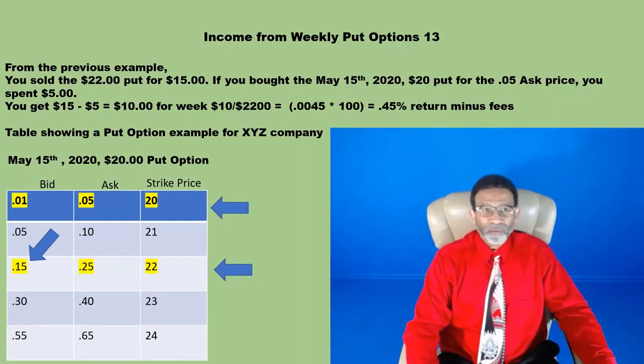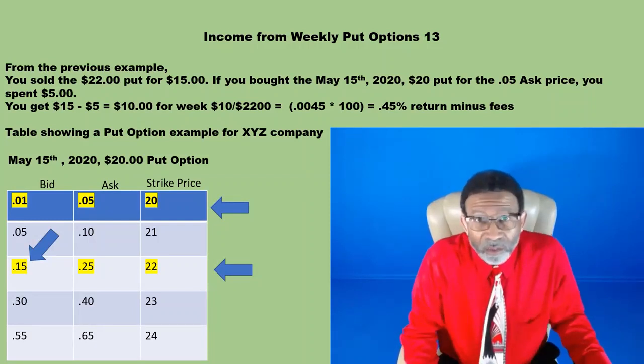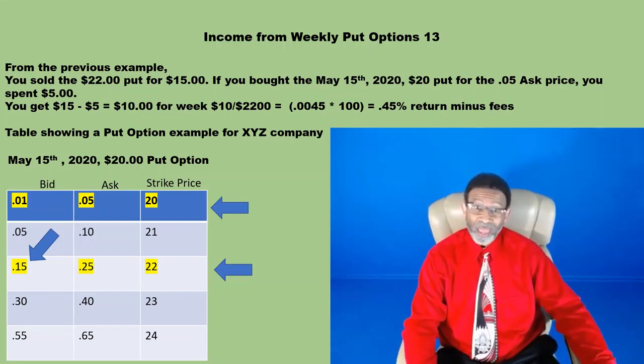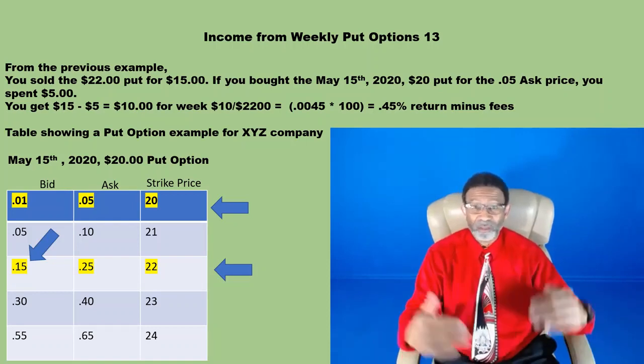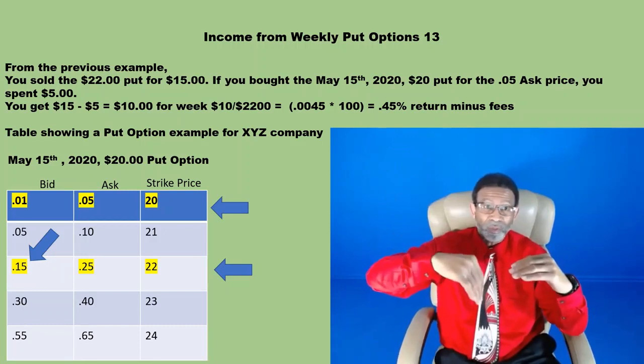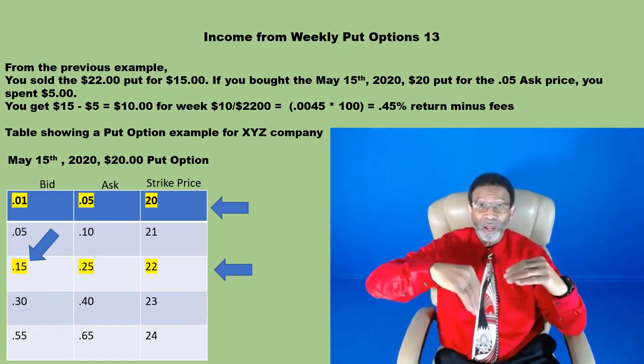Okay, from the previous example, if you sold the $22 put option for $15, which is 15 cents a share, and you bought the $20 put option for 5 cents a share, for $5, then you spent $5 extra to actually protect yourself from downward risk because you sold the $22 put option.